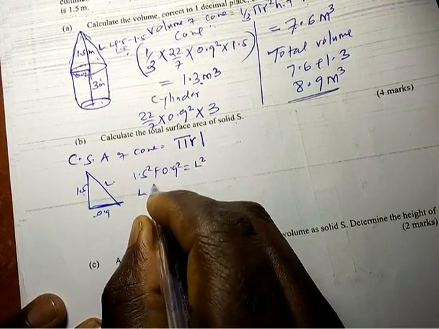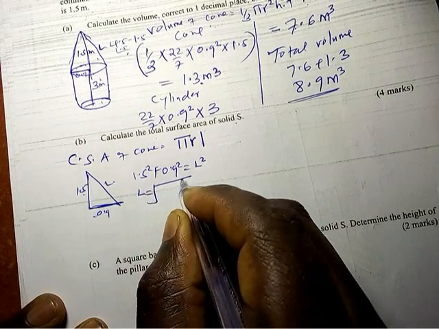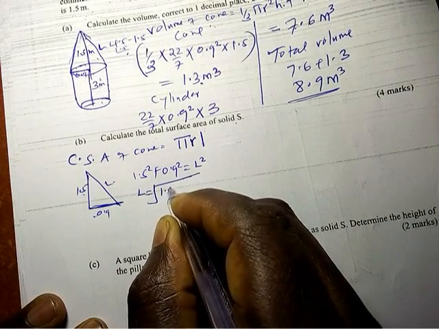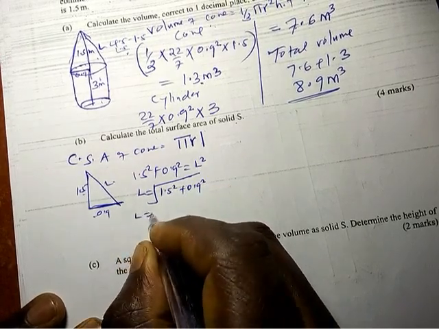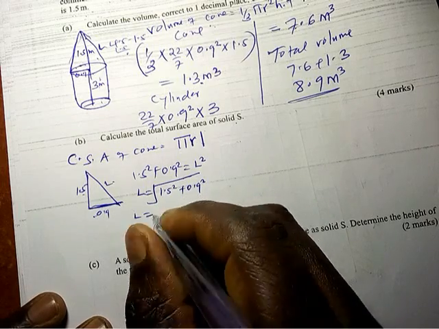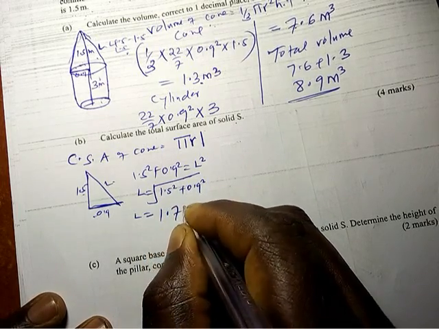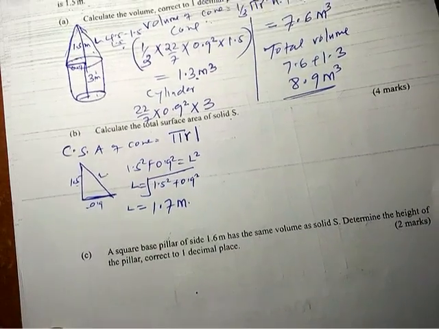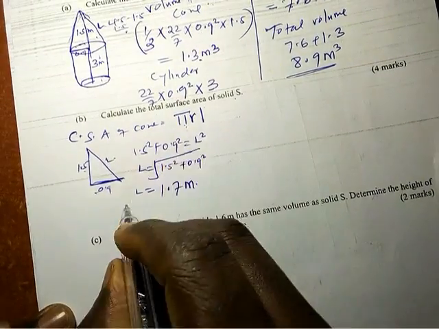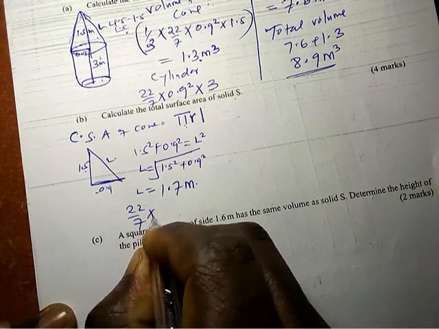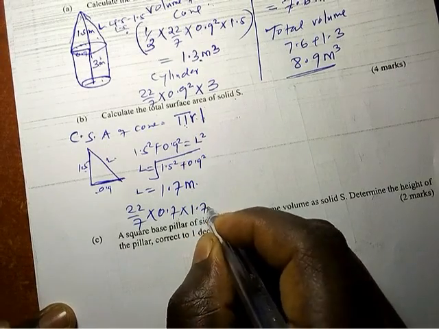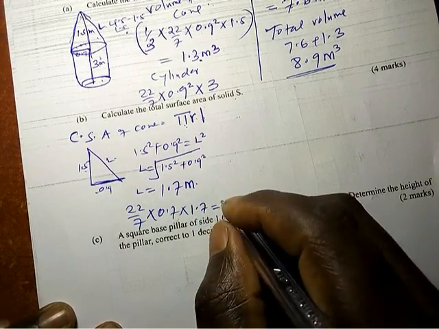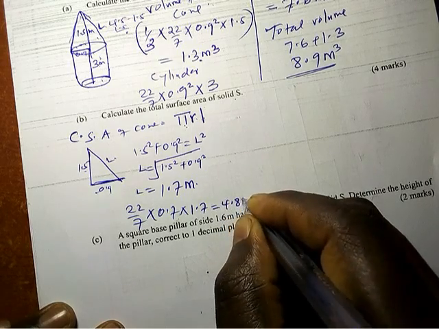So L itself is the square root of 1.5 square plus 0.9 square. So L is equal to 1.7 meters. Now we have L. Now we can calculate this one, which is 22/7 times radius 0.9 times L 1.7. That one gives us 4.8 meters square.